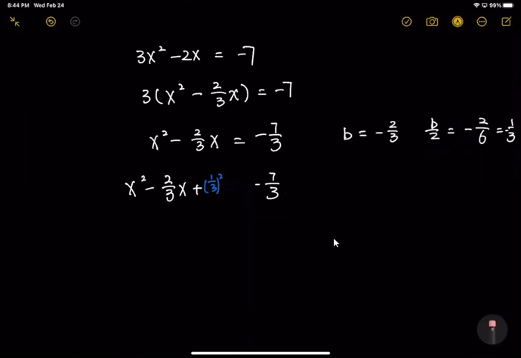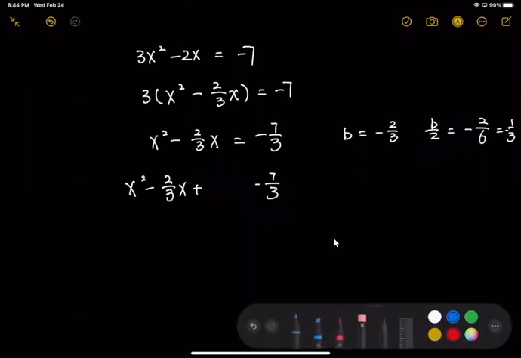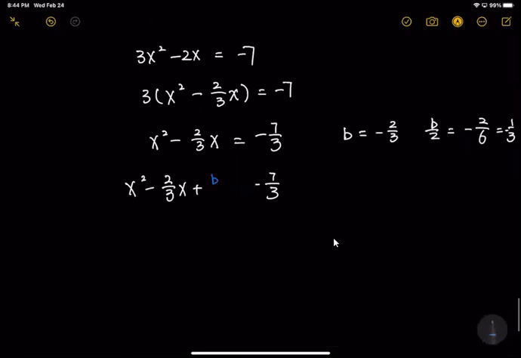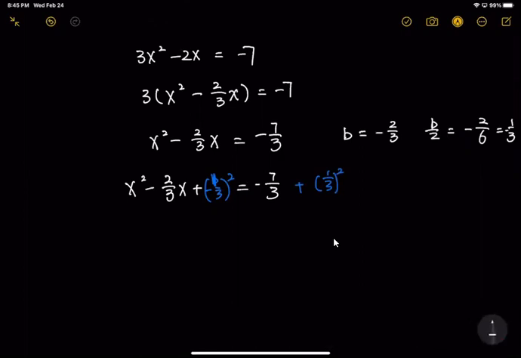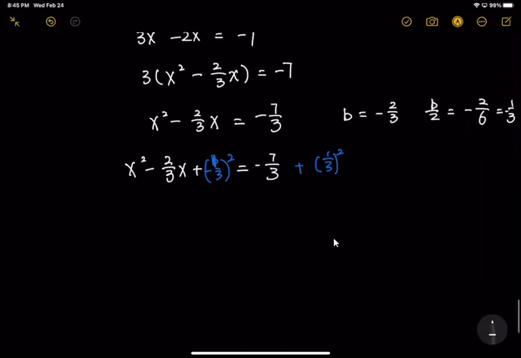Since something is already on the left side, why don't we just add (b/2) squared, which is our (-1/3) squared, on both sides. The equation still holds if you add the same thing to the left side and the right side.